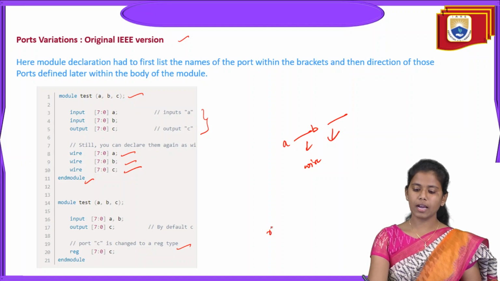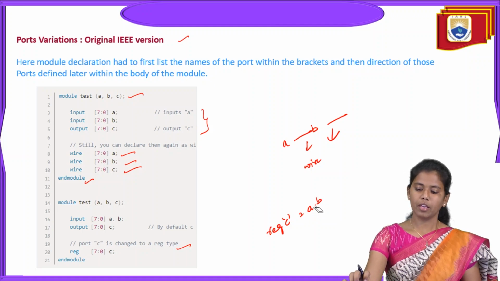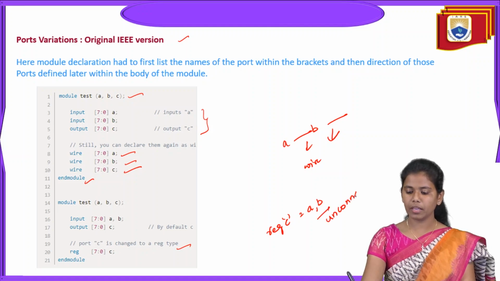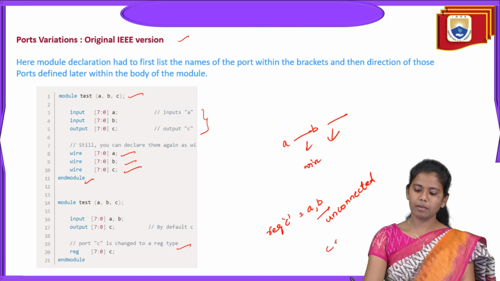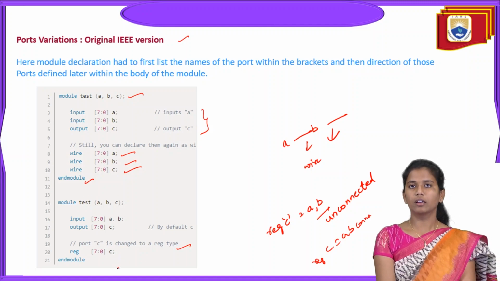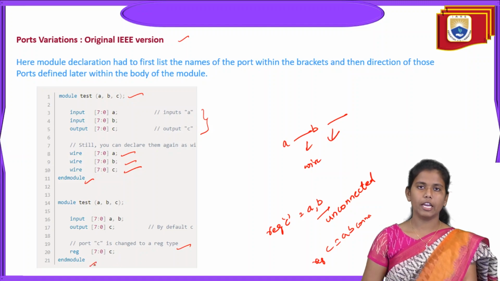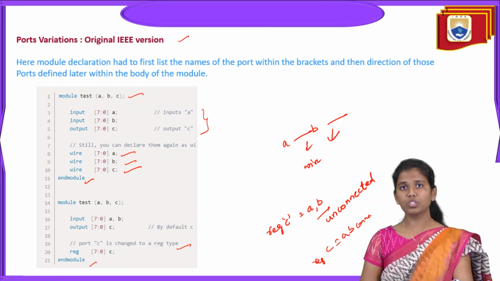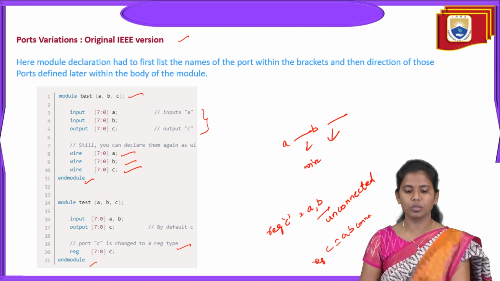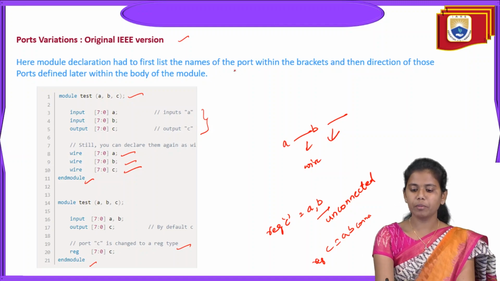C equals A and B. In the port connection, if I see A comma B, both A and B are unconnected; if I see A, B, both are connected. For testing purposes, I have to mention all these things. Then finally, endmodule. This is the original IEEE version of declaring the ports, the connection of ports. Here I first have to name the names of the ports.